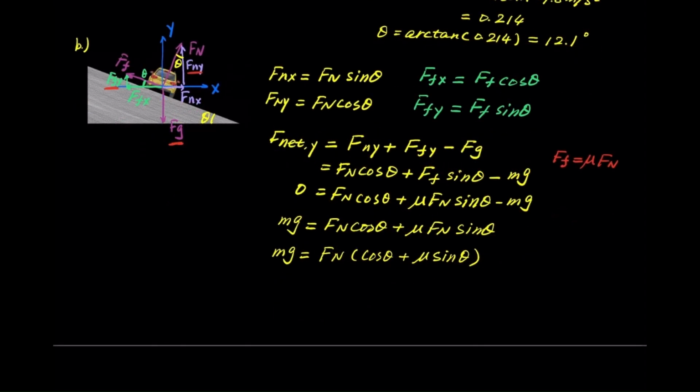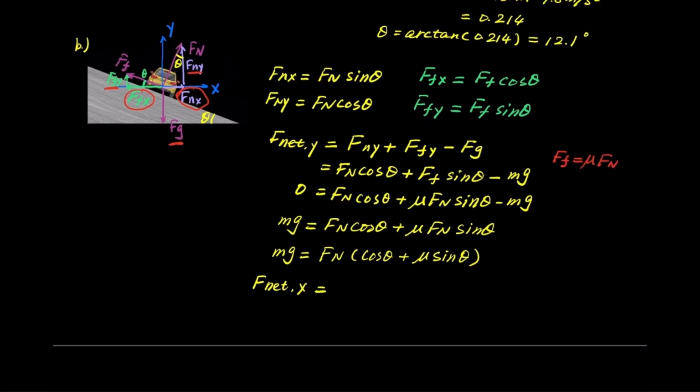Now let's look at the horizontal direction, F net x. The horizontal component of the normal force, Fnx, is pointing towards the center of the curve. And the friction force component, Ffx, points away from the center, right? So when we put them together, it's going to be the subtraction of these two components.